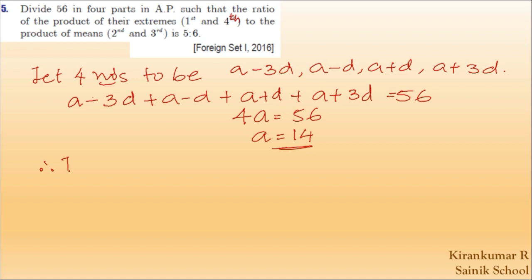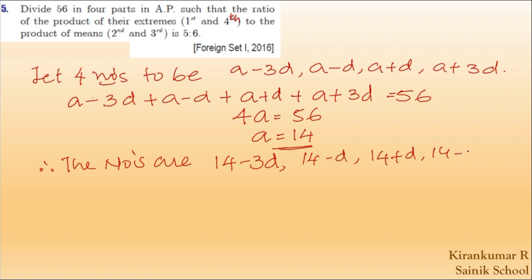Therefore the numbers are 14 minus 3d, 14 minus d, 14 plus d and 14 plus 3d. These are the 4 numbers. According to the question, the product of their extremes to the product of the means.